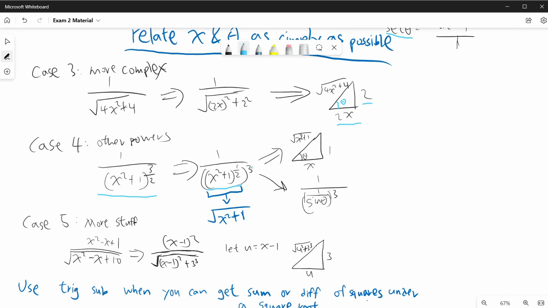So we still use the same equation to substitute the square root part. As long as we separate that square root out, this part will be something like a function of theta. If it's cosine theta or sine theta, then it would be sine to the third power of theta, and in that way you will be able to solve it.